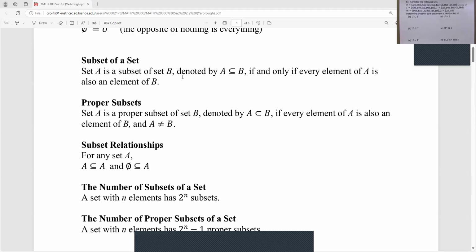Set A is a subset of set B, denoted by A is a subset of B, if and only if every element of A is also an element of B.